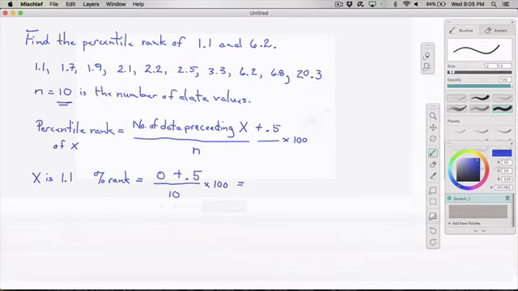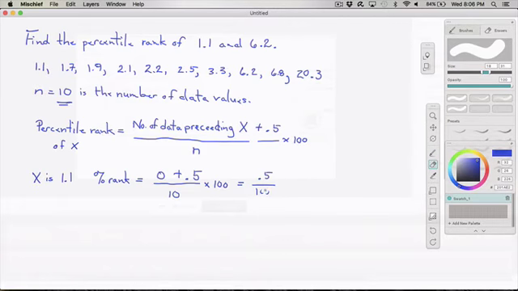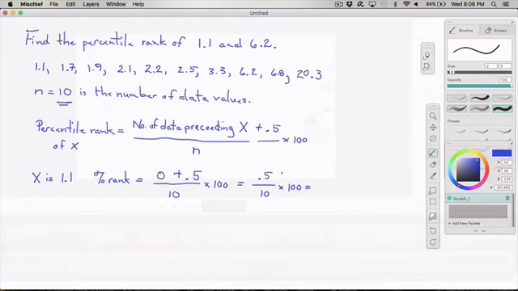Okay, so this is going to be 0.5 divided by 10 times 100, and if you put that in your calculator, that should give you the 5th percentile rank.